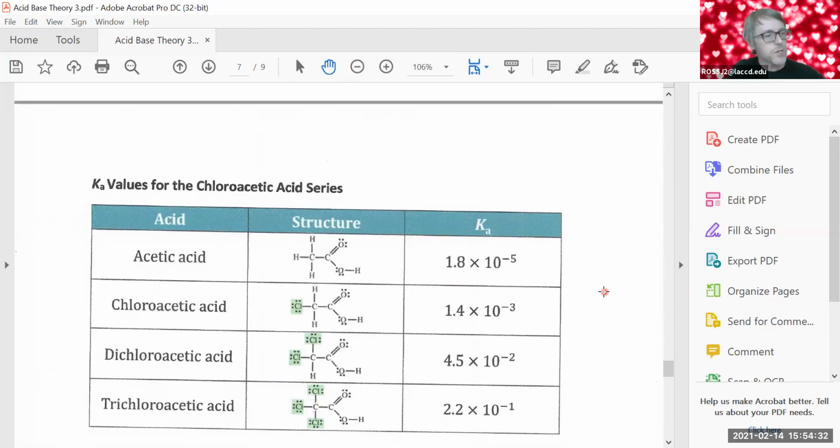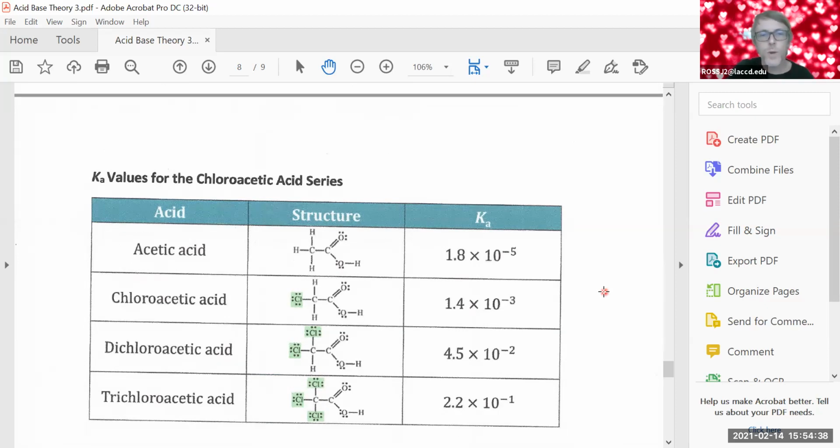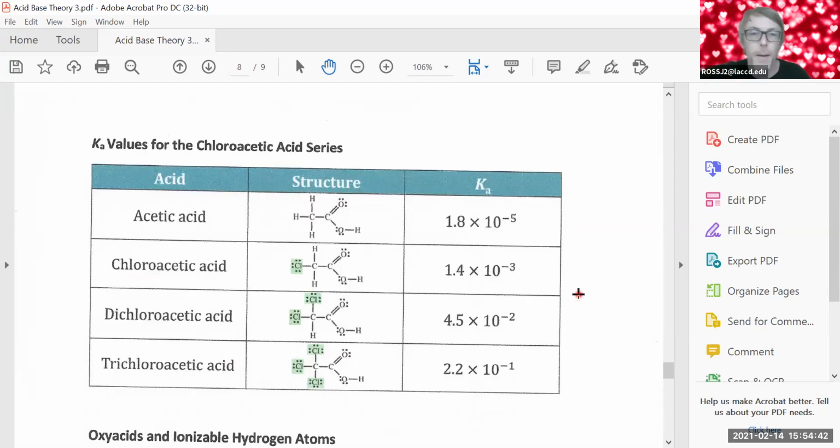We can fine-tune the strength of the carboxylic acid as shown here. These are all carboxylic acids, as you can see by the OH and the adjacent carbonyl. So from this end of the structure, we can tell they're all carboxylic acids.